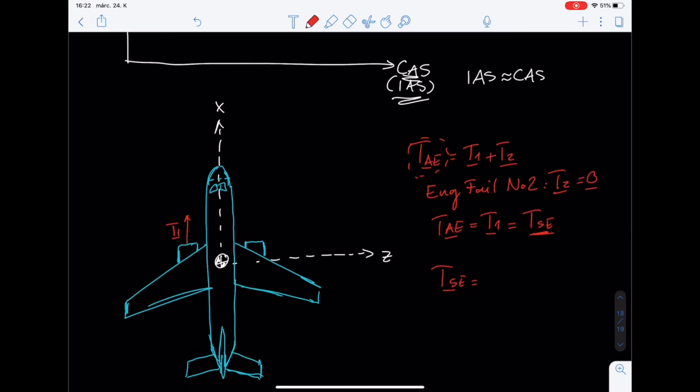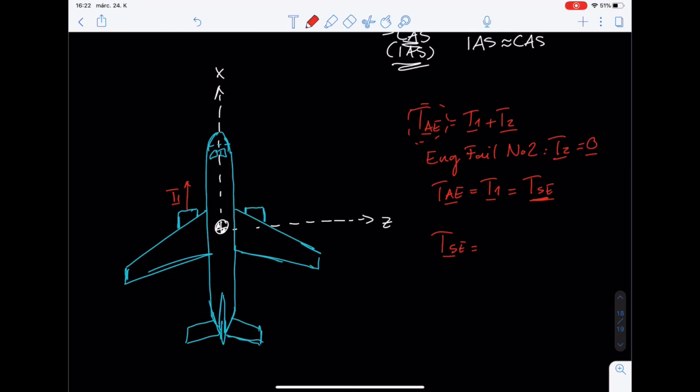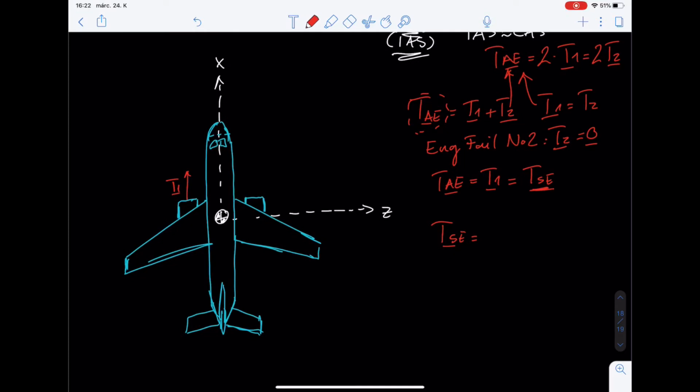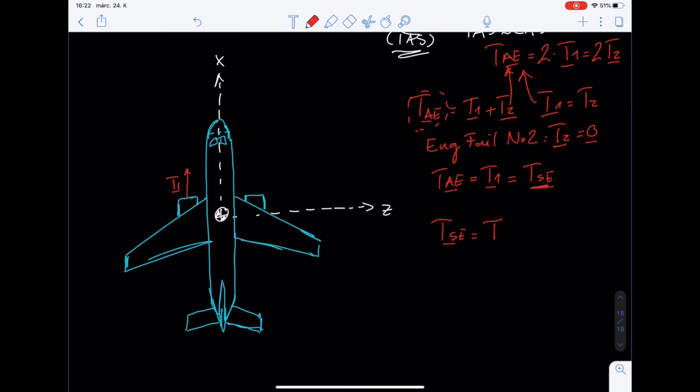Because if we say T1 is equal to T2, in that case, from these two equations, we can say that TAE is equal 2 times T1 or 2 times T2, doesn't really matter. And in this case, TSE is T1, and we're going to say that this equation is not true because we indexed it differently.